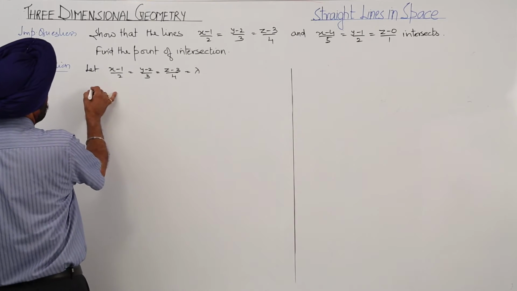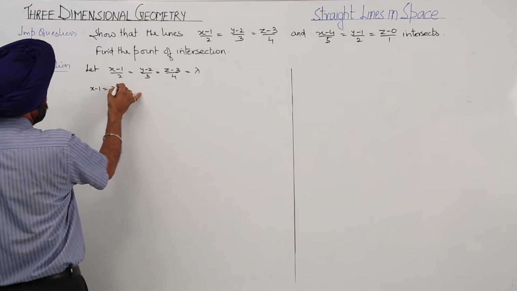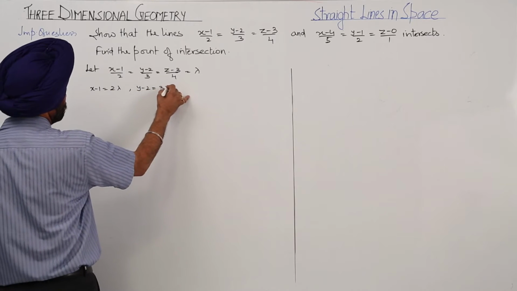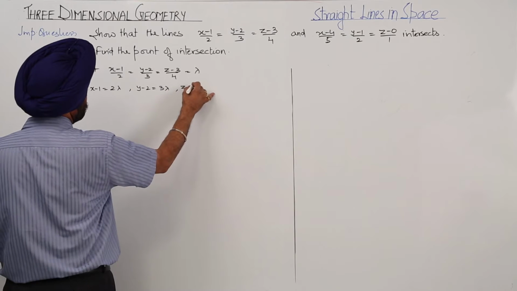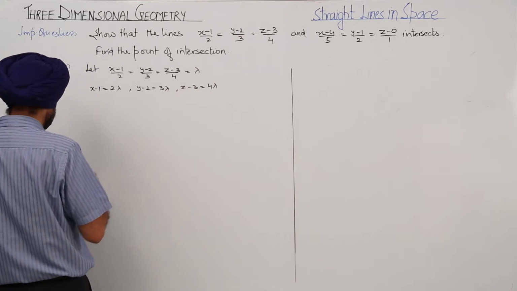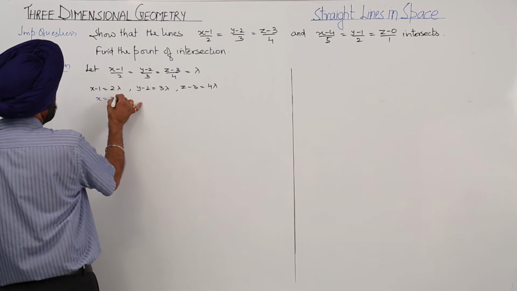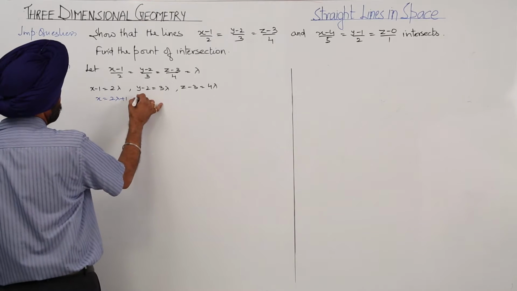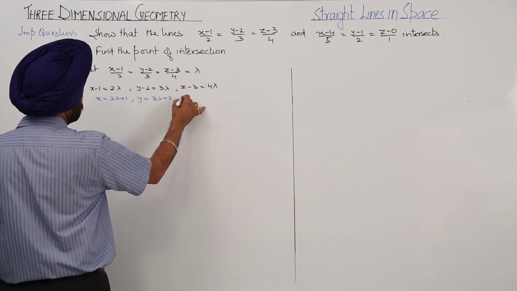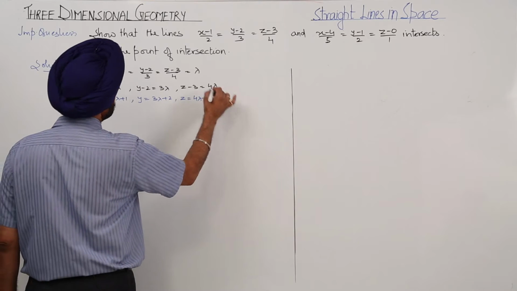Now, x minus 1 = 2 lambda, y minus 2 = 3 lambda and z minus 3 = 4 lambda. So x = 2 lambda plus 1, y = 3 lambda plus 2 and z = 4 lambda plus 3.